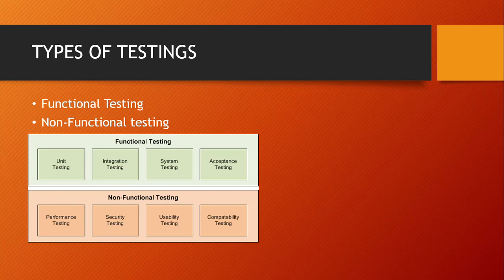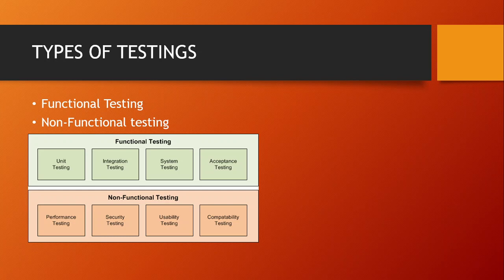That's functional testing. If you want to test if the leg is working or the eyes are working, that falls under functional testing. But if you want to find out how fast that robot can move, that falls under non-functional testing.